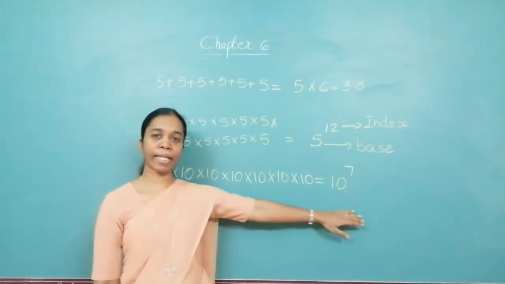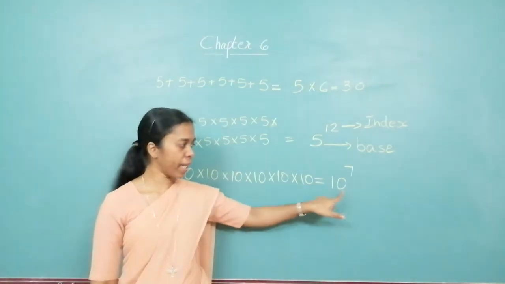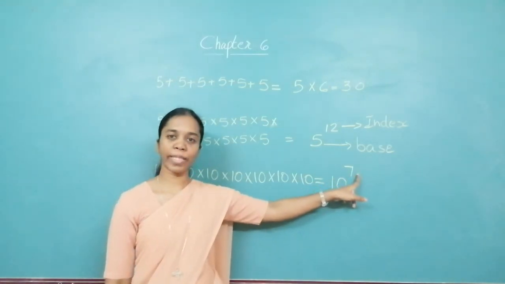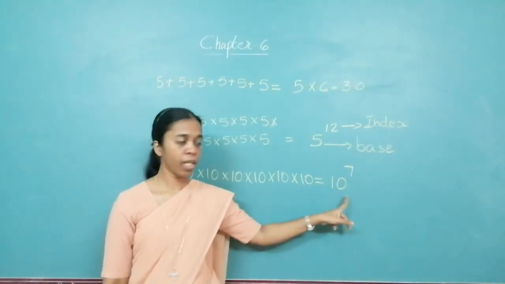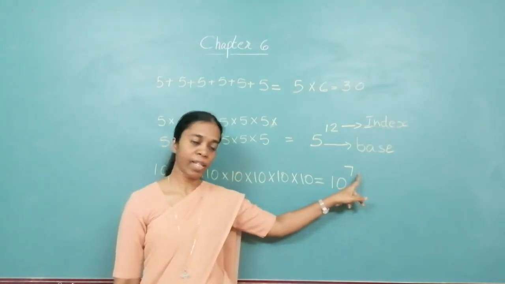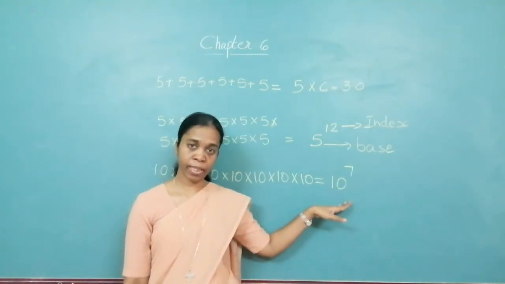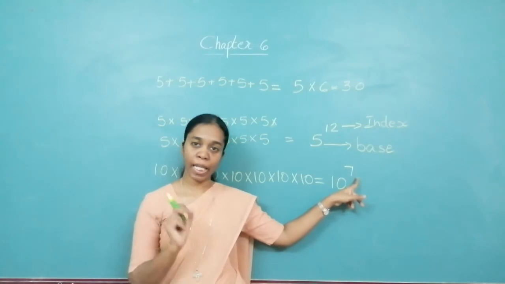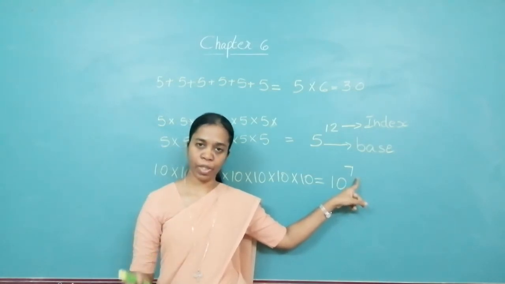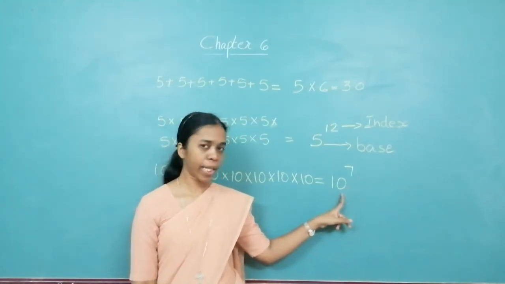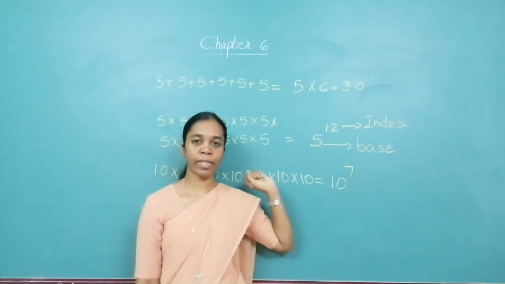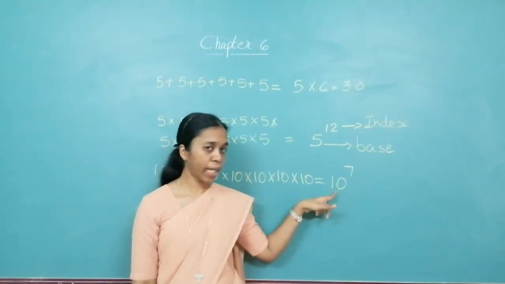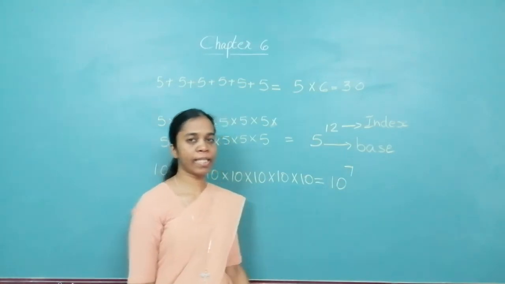Now how do I read this? 10 raised to 7. 10 raised to 7, where 10 is the base and 7 is the index or exponent. How do I read it? 10 raised to 7. I repeat, 10 raised to 7.